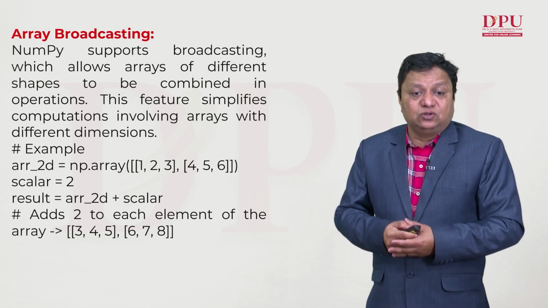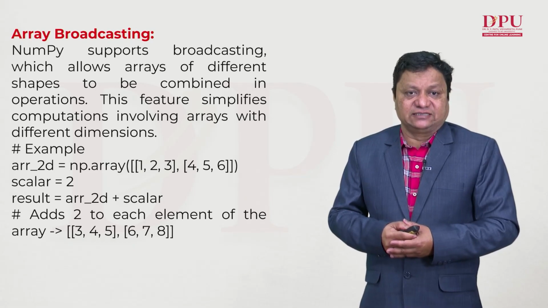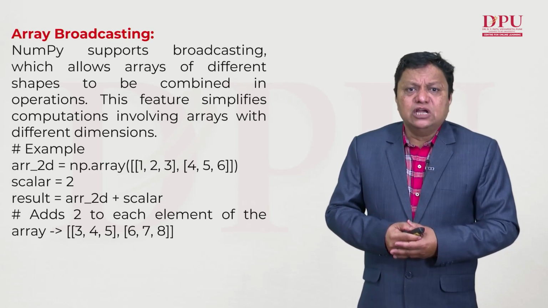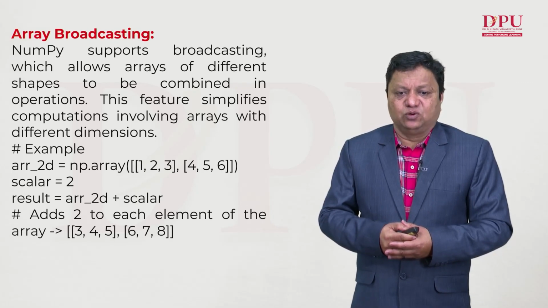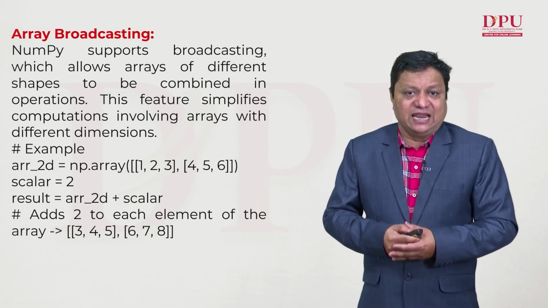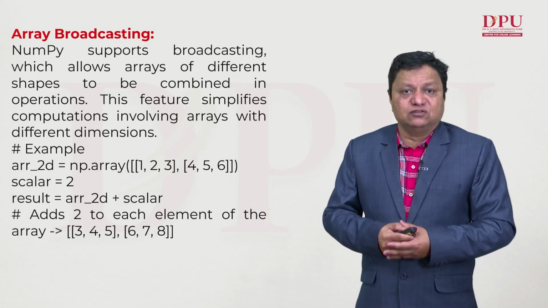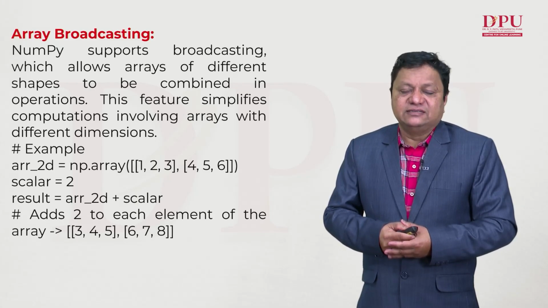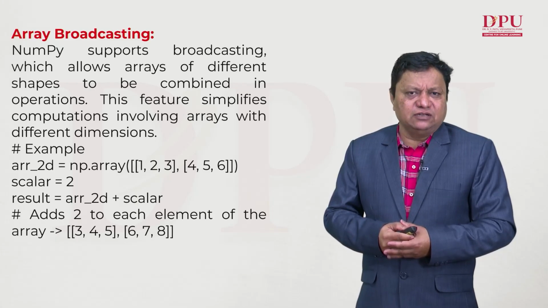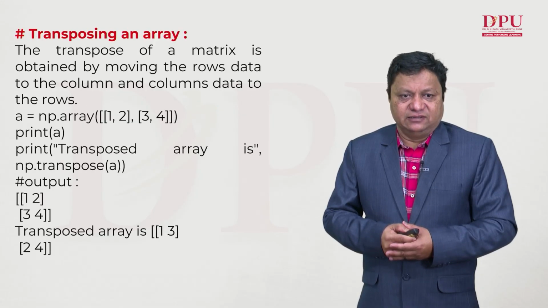It will add 2 to each element of the array. If I specify the scalar as 3, it will add the value 3 to every value of this array. Here I have added scalar equal to 2, which means the values of my array will become 3, 4, 5, 6, 7, 8. So in each element the value 2 gets added.